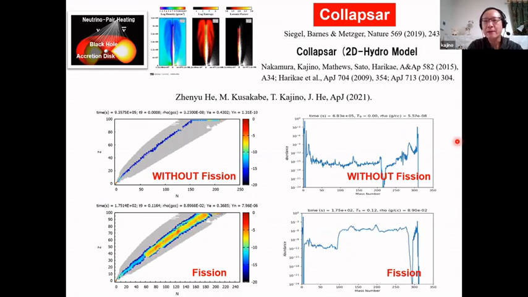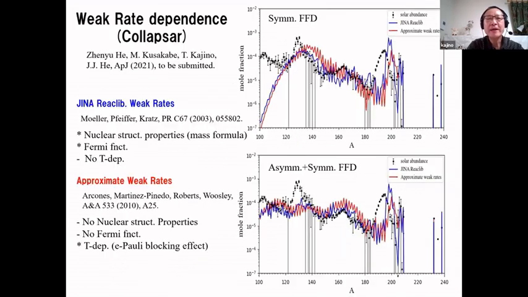And also, regarding weak rate dependence, which we studied just a couple of months ago, the weak rate, which takes account of nuclear properties and Fermi functions with no temperature dependence, shows the blue ones.